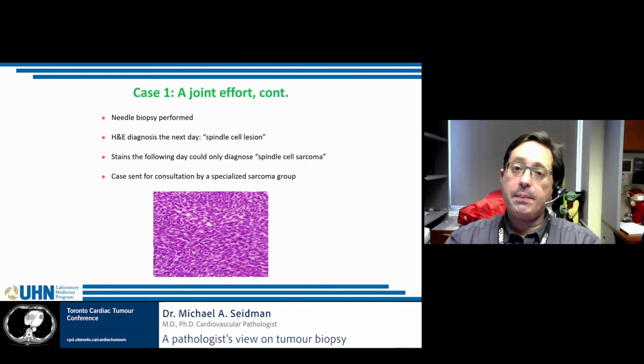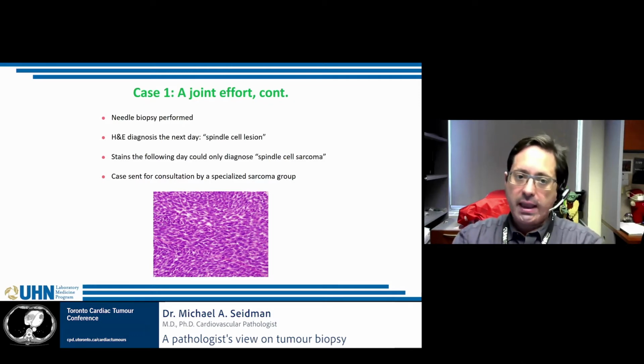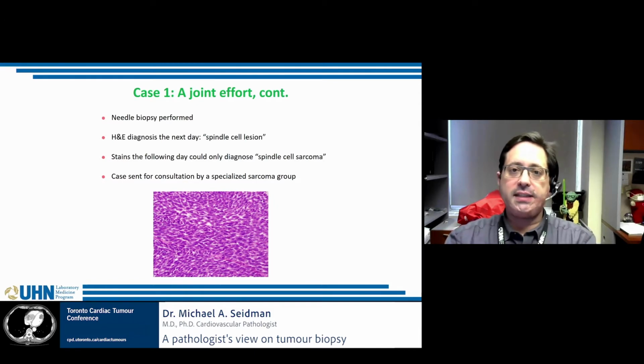So it was done by percutaneous needle biopsy, and the H&E histologic section the next day came back as spindle cell lesion. What I knew was what you see in front of you, in that they were elongated, so-called cigar-shaped cells with big nuclei. They looked pretty unusual, and I was pretty sure this was some sort of cancer, but I was cautious.